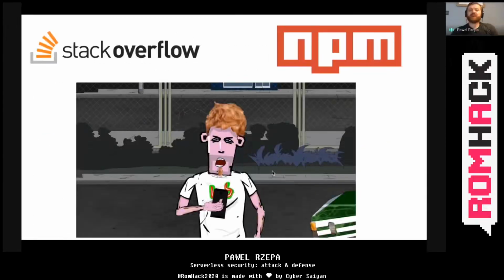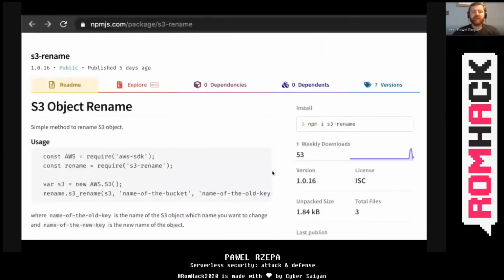So Bob, like many other developers, didn't want to write the code from scratch, and decided to find ready-to-use code on the internet. So he went through places like Stack Overflow and the npm.js repository. And luckily, in the npm.js repository, he found a package called S3 rename.